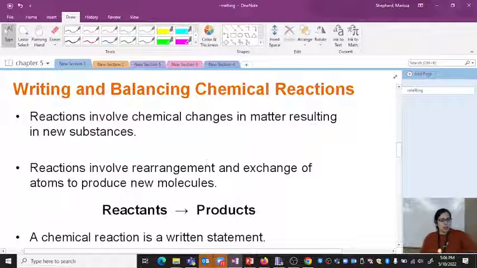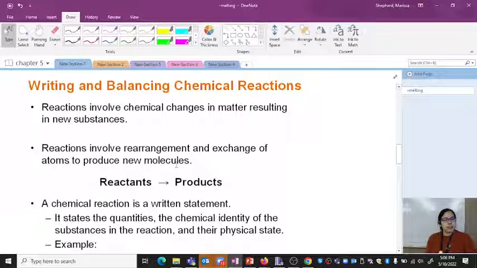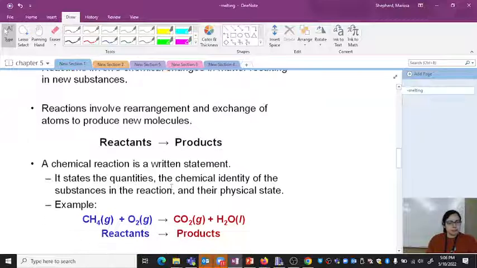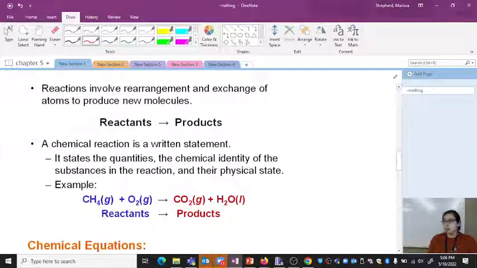Let's see how we want to write these chemical reactions. They involve the rearrangement, and usually we write the reactants, which will make more sense as we look at an actual reaction. Reactants always go on the left side, products are always on the right side, and there's usually an arrow. A single normal arrow just indicates that it goes to completion.